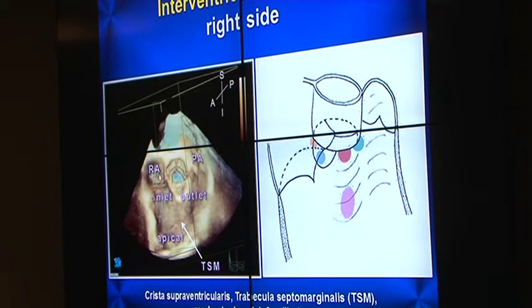And in between the inlet and outlet portion, the crista supraventricularis is an anatomical landmark point. And one branch of this crista is the trabecula septomarginalis, which is also visible. And a branch of this trabecula septomarginalis would be the moderator band, which can also be seen with 2D echo.